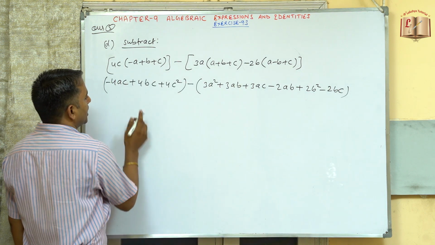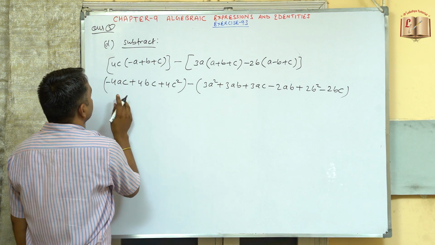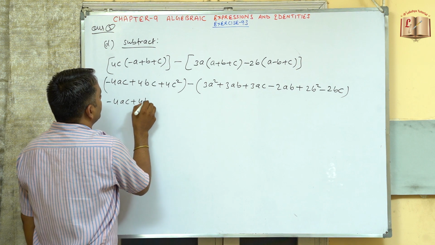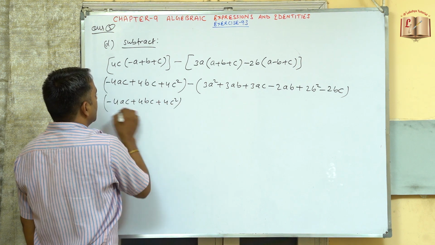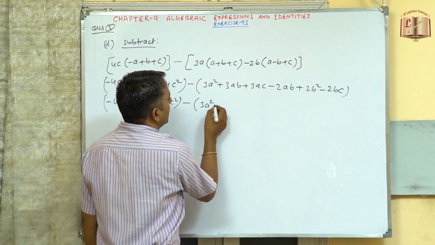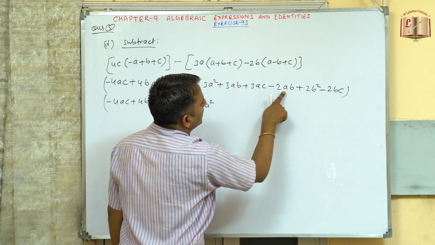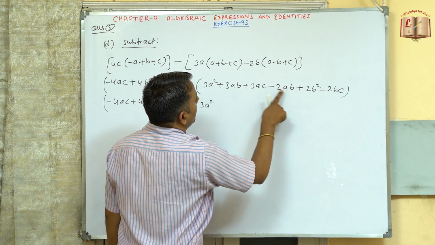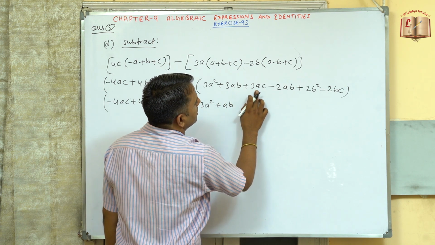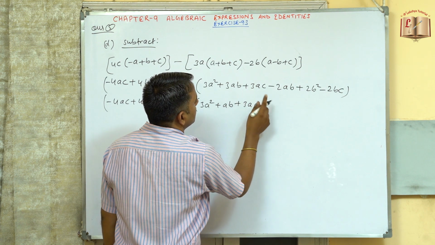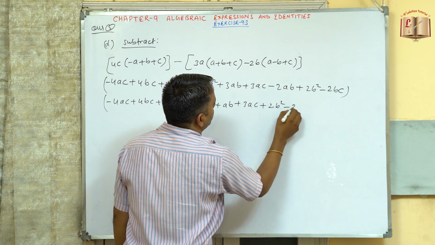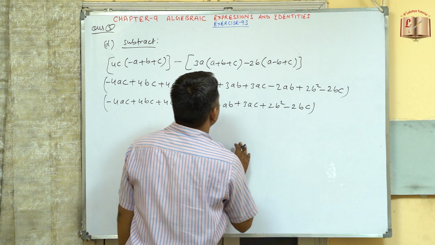Now first of all we can even solve this bracket also. So ac, bc are all different terms: 4ac plus 4bc plus 4c square, and minus, now we will solve this bracket first. So this is 3a square as it is, 3ab minus 2ab, so plus ab, and 3ac as it is, plus 2b square and minus 2bc.